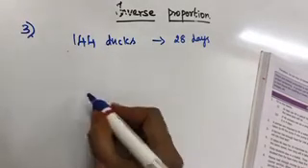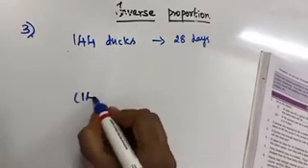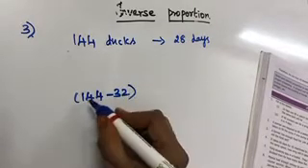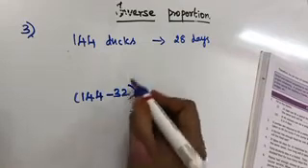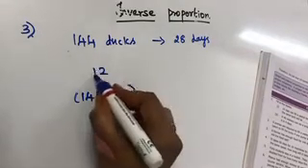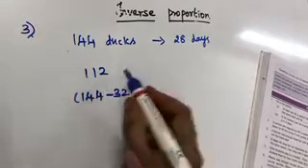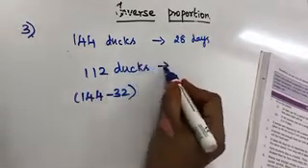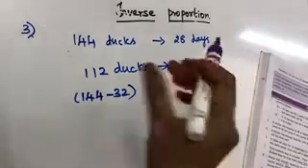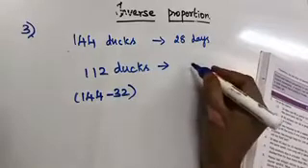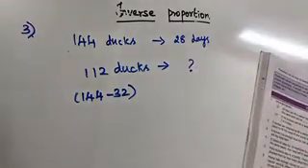So, what will be the remaining number? 144 minus 32. What do you get while subtracting this? 4 minus 2, 2. 4 minus 3, 1. So, 1. 112 ducks. For 112 ducks, the number of days will increase, right? There are only a few ducks, so the food will last a few more days. So, we have to find how many days it lasts.